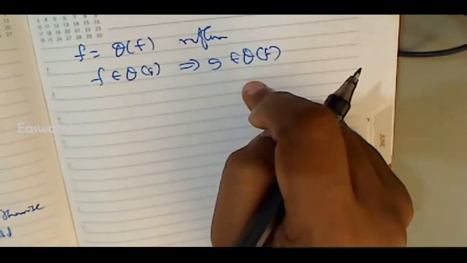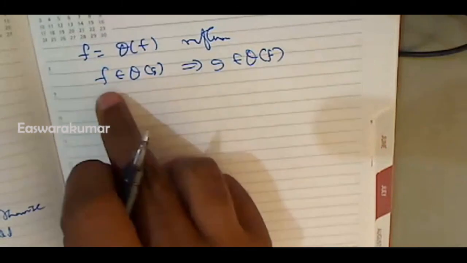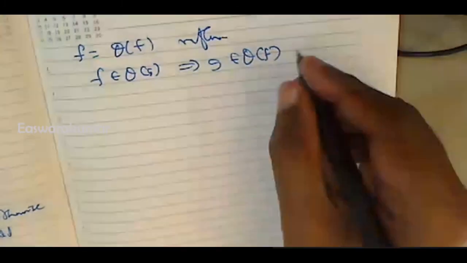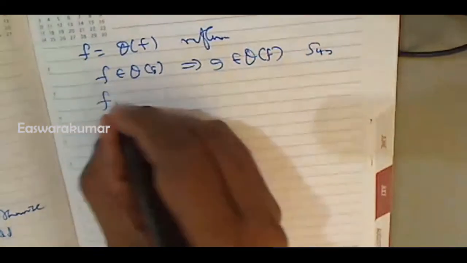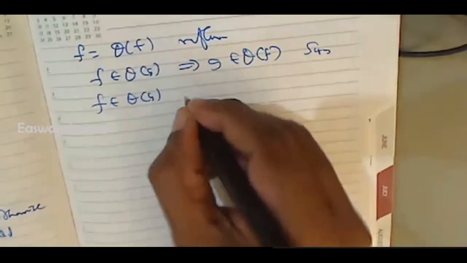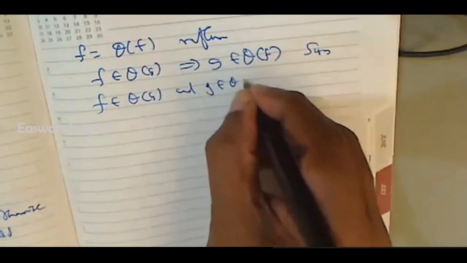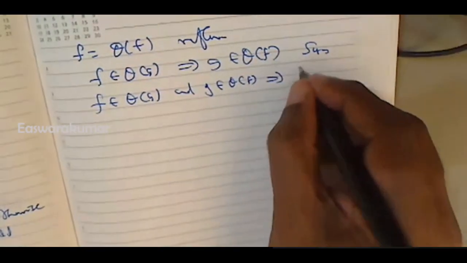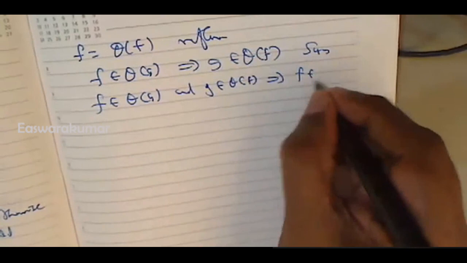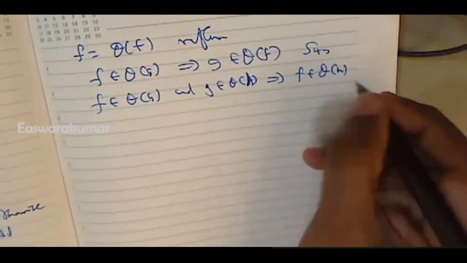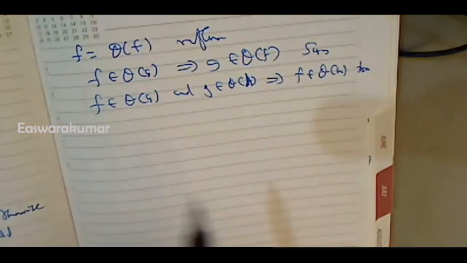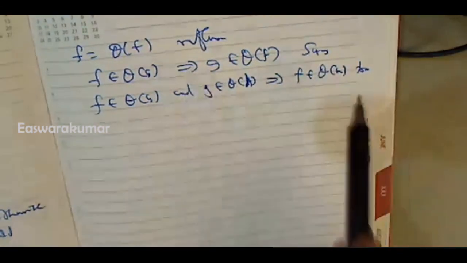So f belongs to theta of g means g belongs to theta of f. So this is symmetry. And if f belongs to theta of g and g belongs to theta of h, then you can also say f belongs to theta of h. So this is transitive. So the theta function satisfies reflexive, symmetric, and transitive.